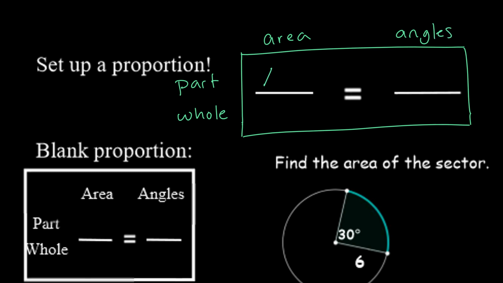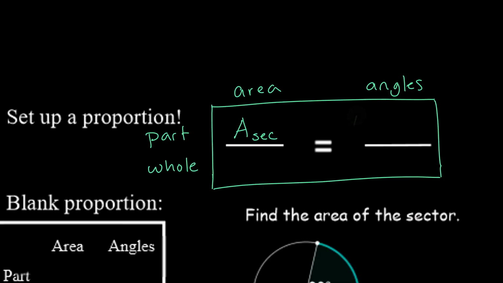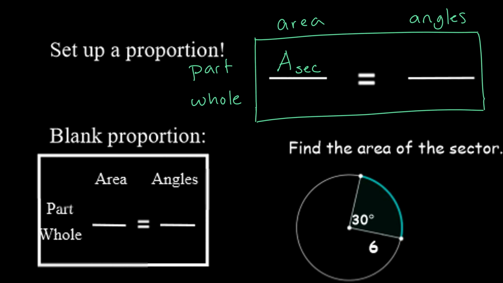So our part of our area is what we're solving for, our area of a sector. What do you think the whole area is? For area of a circle. Pi r squared.